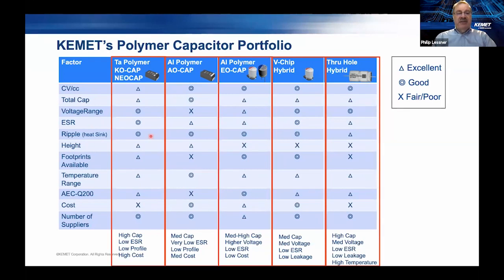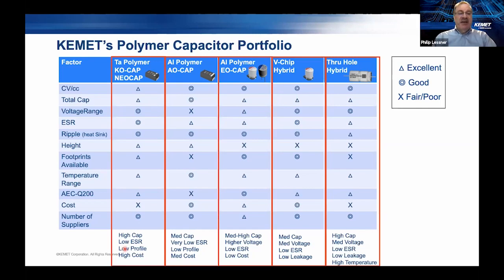For example, if you're looking for a tantalum polymer capacitor, which KEMET sells under the trademarks of KOCap and NeoCap, the advantages there are high cap, low ESR, and the potential of having a very low profile product.